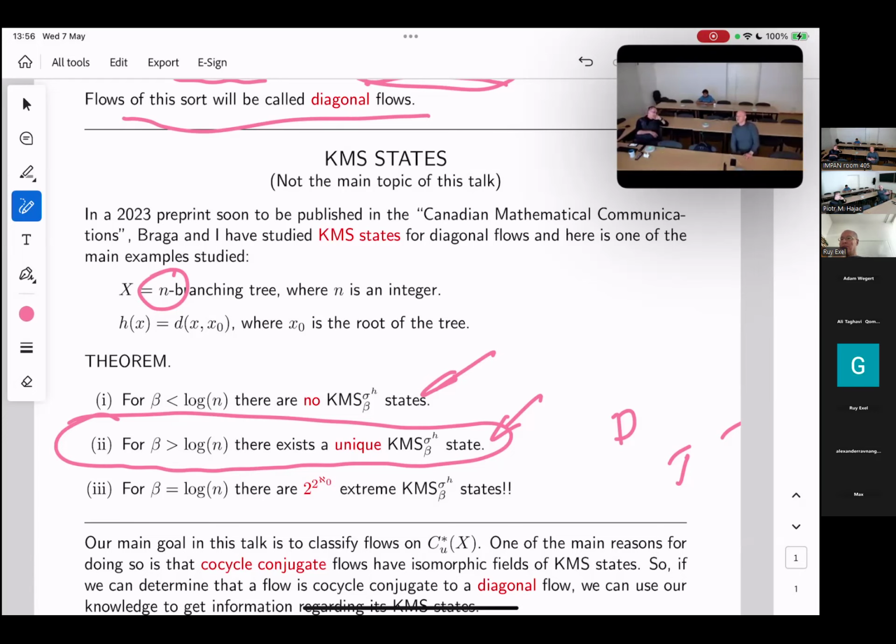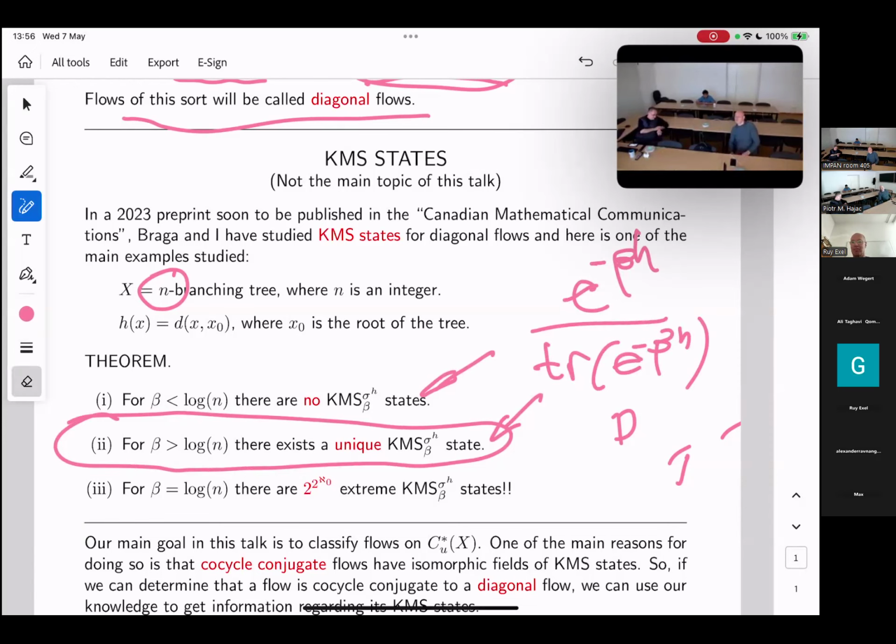You have a Gibbs state, a probability distribution, and you can compute the entropy of this. This entropy is then related to the logarithm of n, once you normalize this partition.